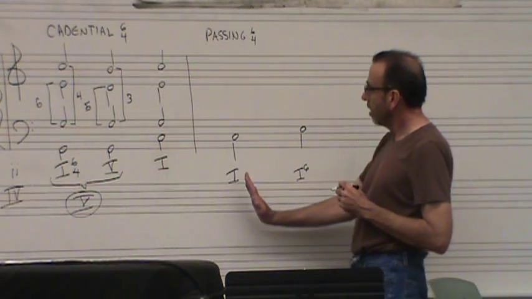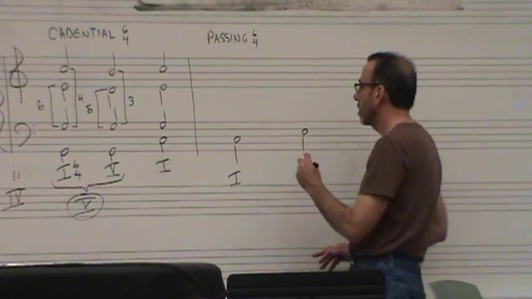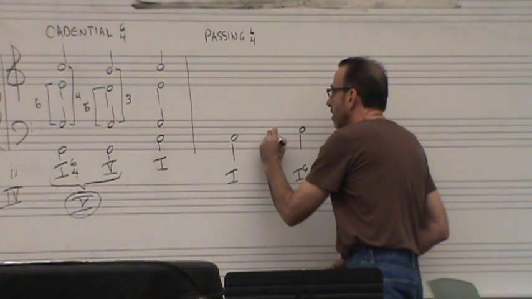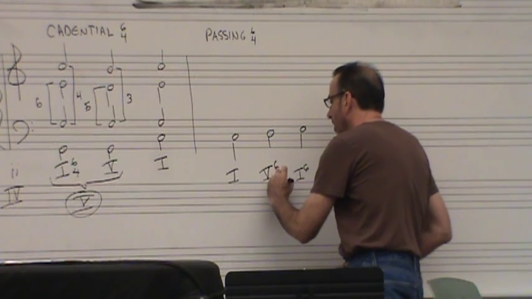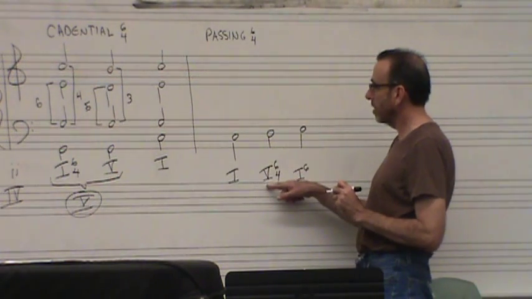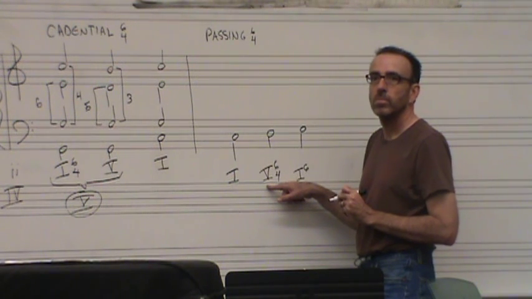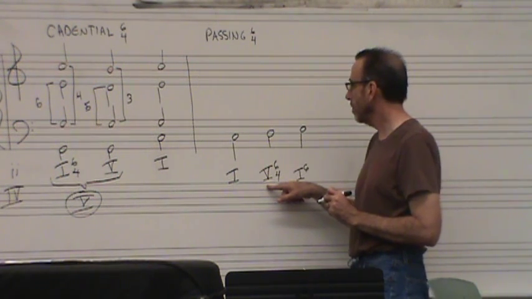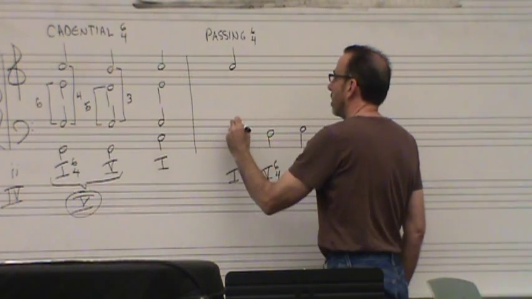So if I have a root position to a first inversion 1 or some other kind of chord, I can fill in the bass, the stepwise motion in the bass, by having a second inversion 5 chord. Okay. Now, when I do that, let's see.